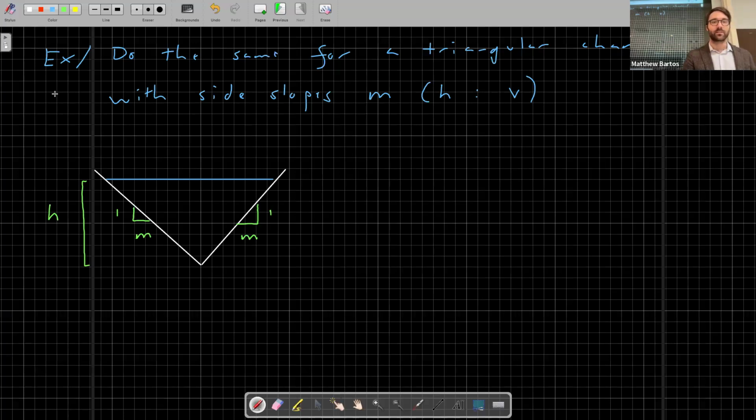All right, so first, how can we compute the cross-sectional area as a function of the depth? Probably the easiest thing to do is to break this up into two right triangles. And then we can multiply H by the base of this right triangle here.